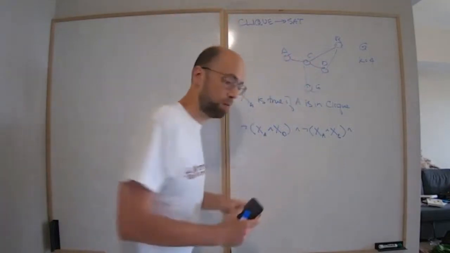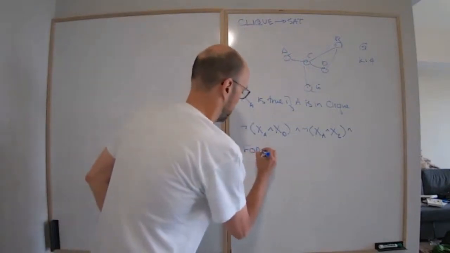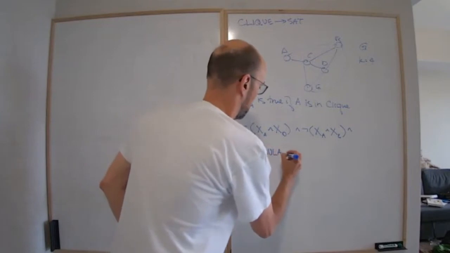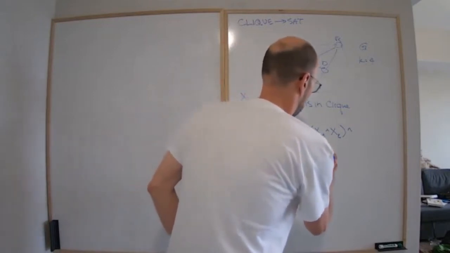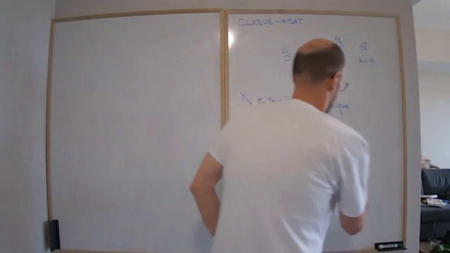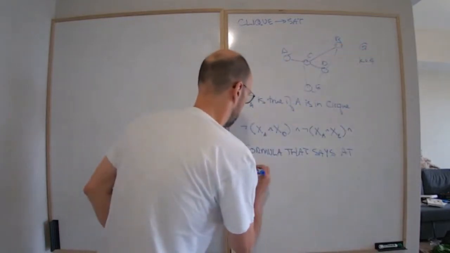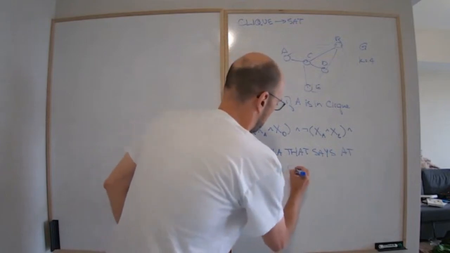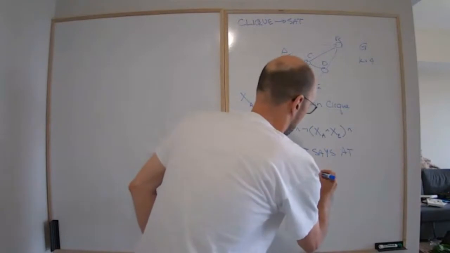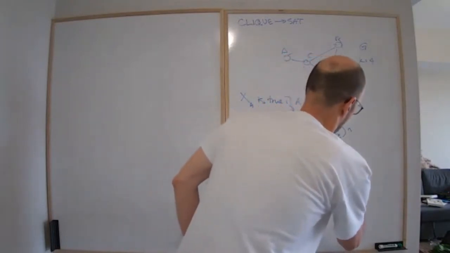Then I want to have this formula that says at least 4 of XA through XE are true.